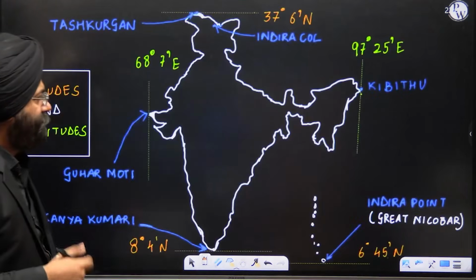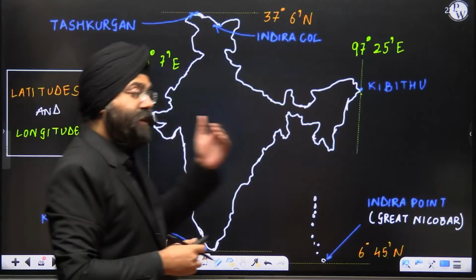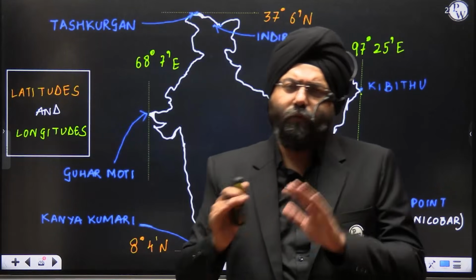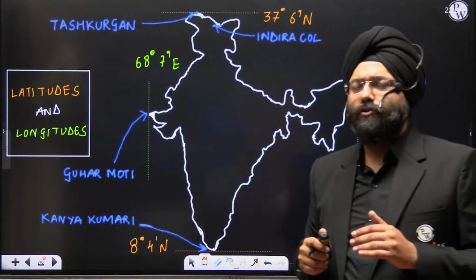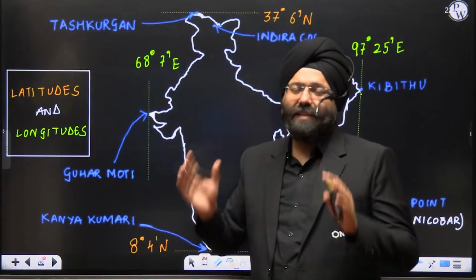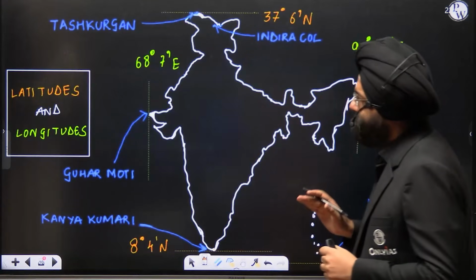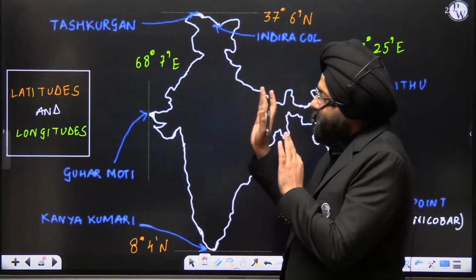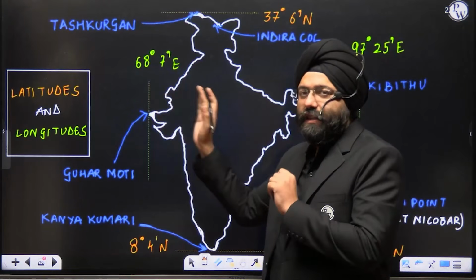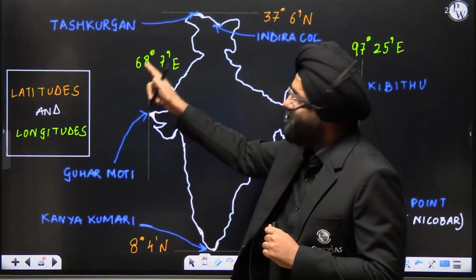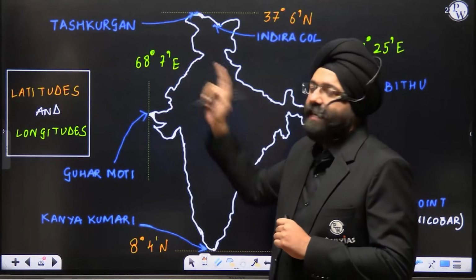Let's move ahead. Now, something very important that you can use while writing your answers in the mains examination, and of course useful for the prelims, is with respect to the latitudinal and longitudinal extent. If you see from the perspective of longitudes, the extreme point on the western side of India is the longitude 68 degrees 7 minutes east.